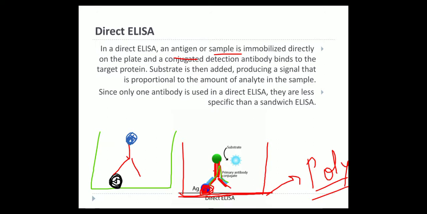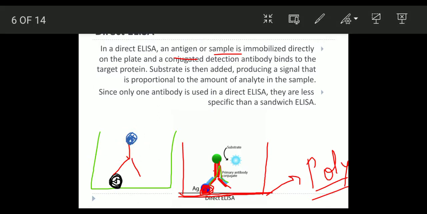That antibody is already linked with an enzyme, and this whole system of antibody linked with the enzyme combines or interacts with this antigen. So this is the concept here, guys.